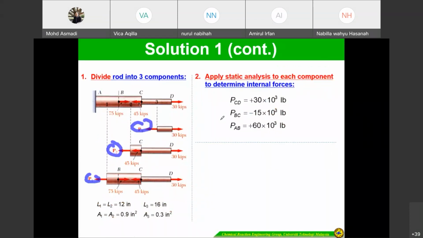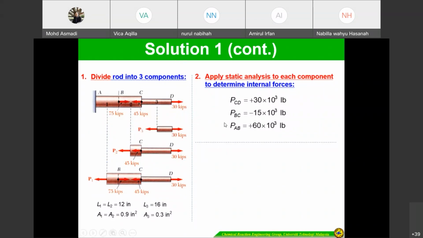This one is PAB, this one is PCD, this one is PBC, and this one is PAB. And then three.